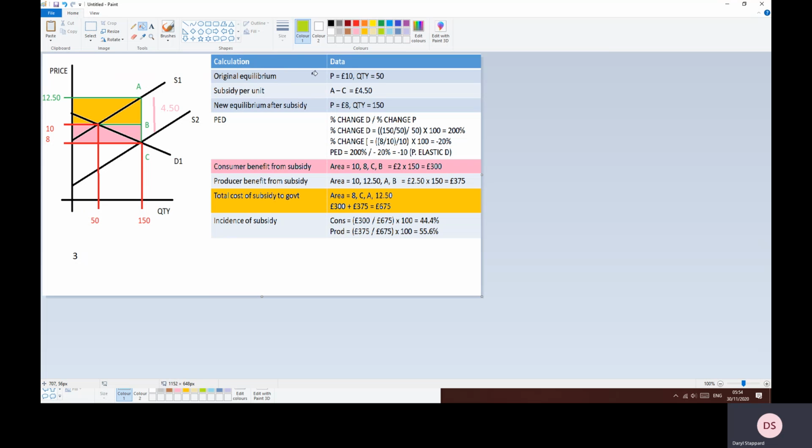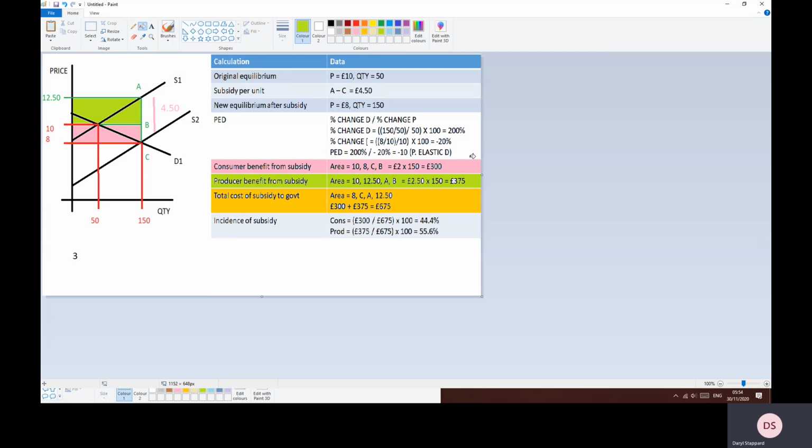The producer will benefit from the remaining section. So that bit will be in green. So they keep the remaining £2.50 on every unit of output sold, multiplied across the 150. So 150 lots of £2.50 would come to £375.